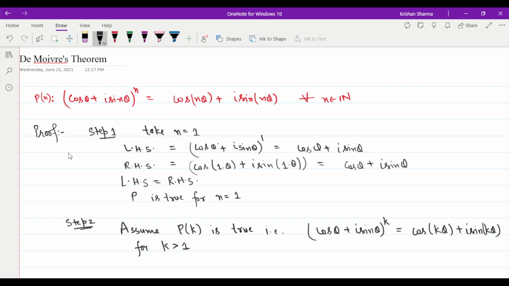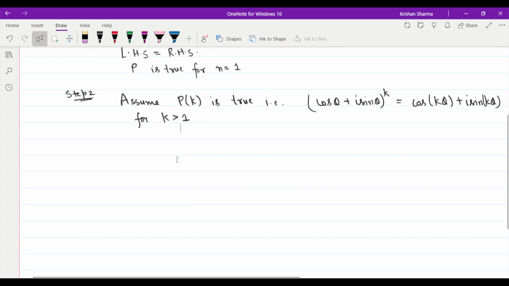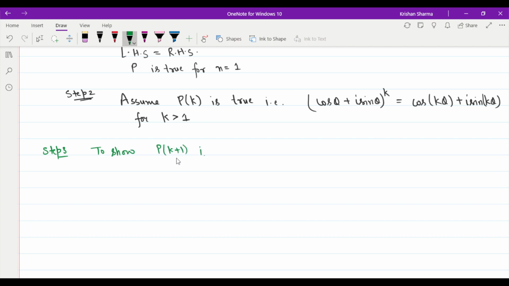It could be any k which is greater than 1. Now in step 3, we have to prove that the statement is true for k plus 1. So we have to show that P of k plus 1 is true.